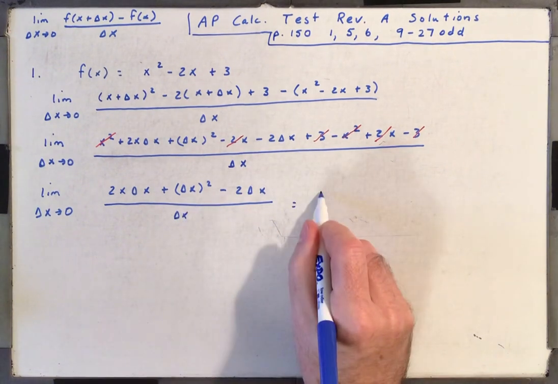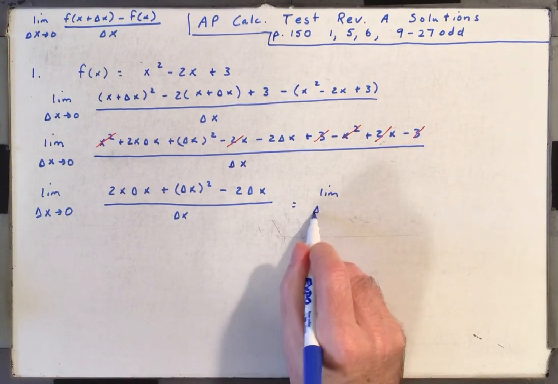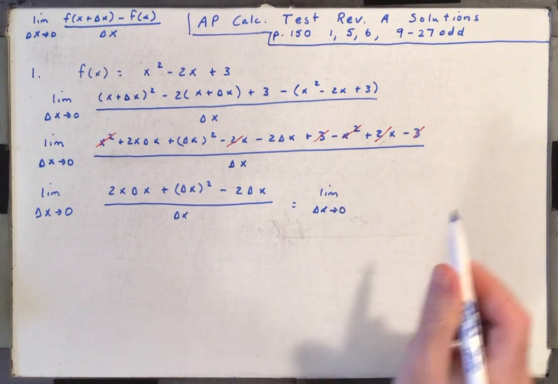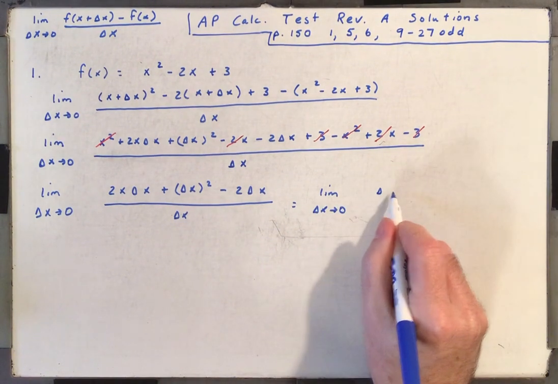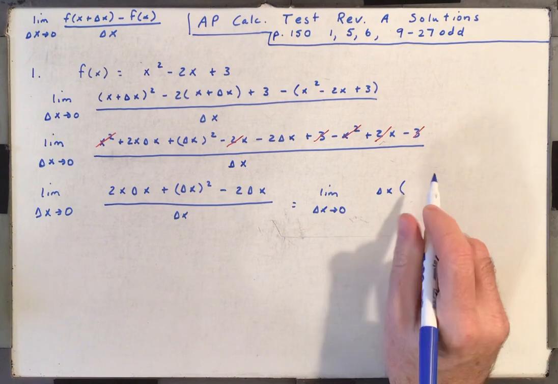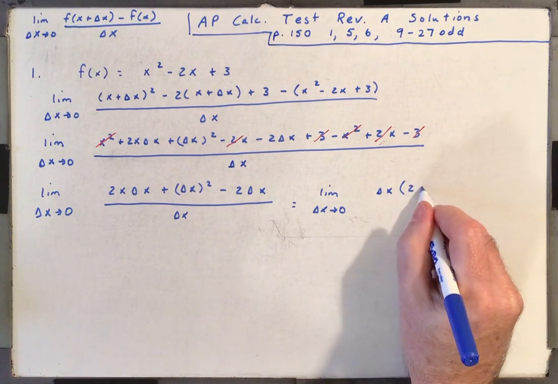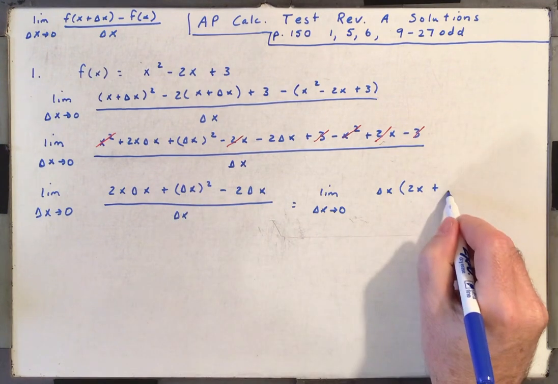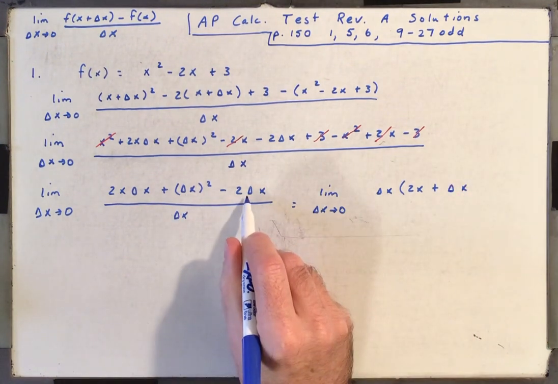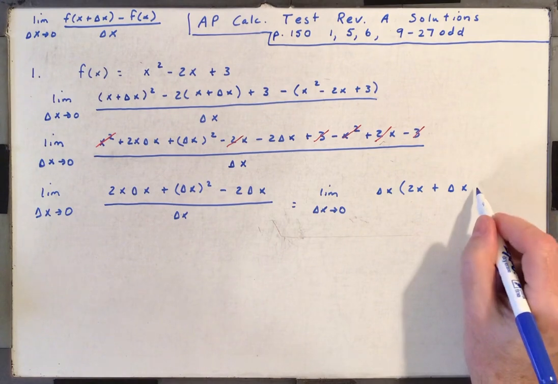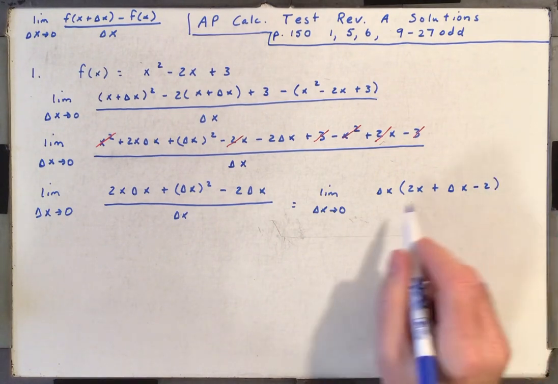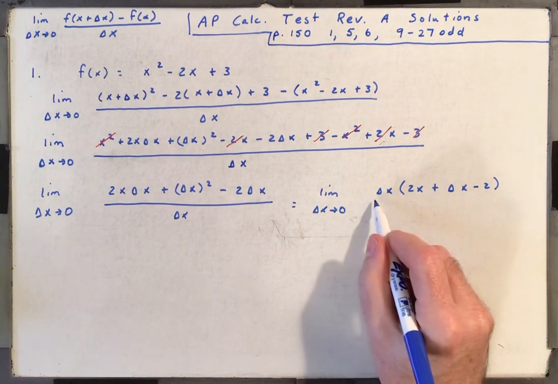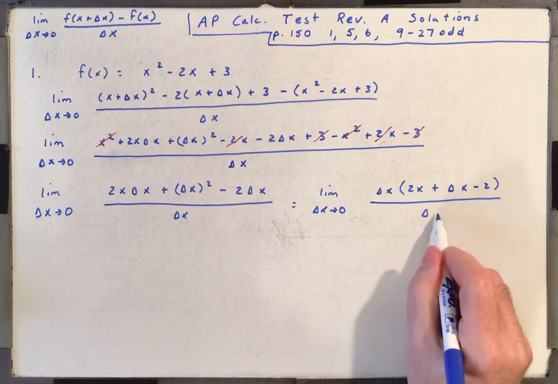We can factor a delta x out of the top. So if we do that, I've got delta x times 2x plus, if I factor out a delta x here, I'd have delta x, and then factor a delta x out of this term, and we'd be minus 2, over delta x.